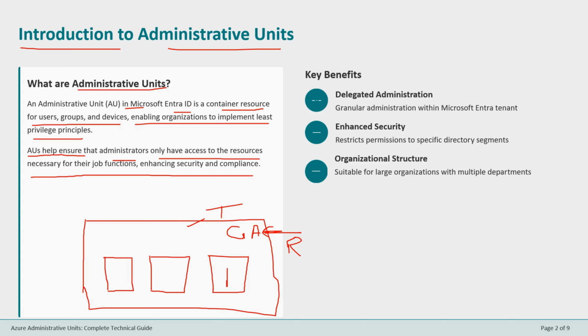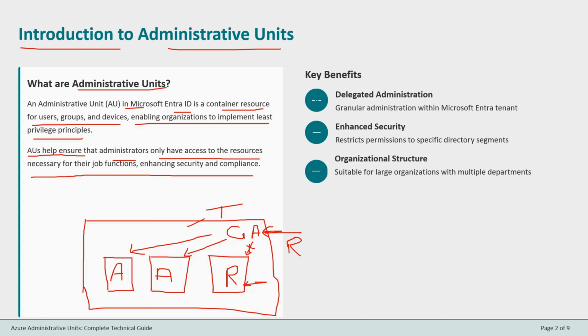For example, this is the restricted administrative unit, and these are the normal administrative units. Then this GA can access both normal administrative units and make changes, such as adding groups. But if this is a restricted one, the global administrator of the tenant could not perform any task under this administrative unit.